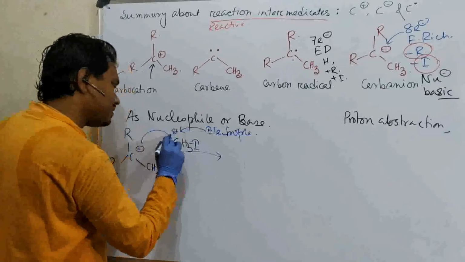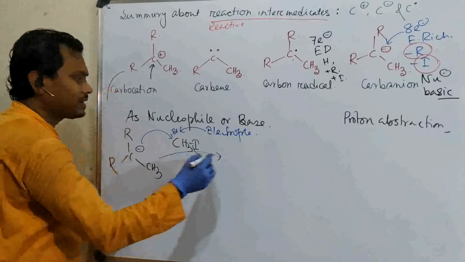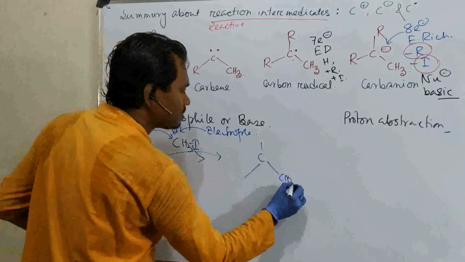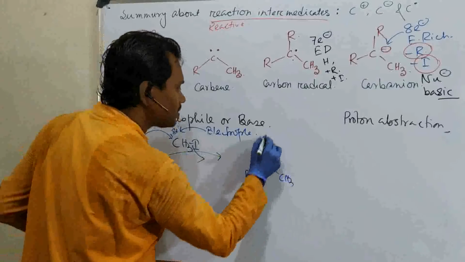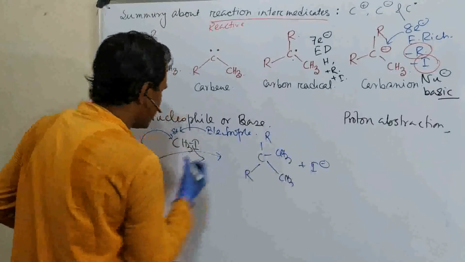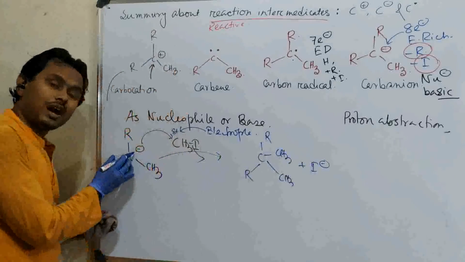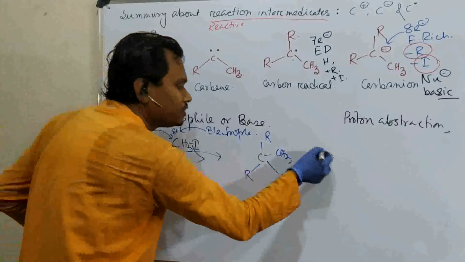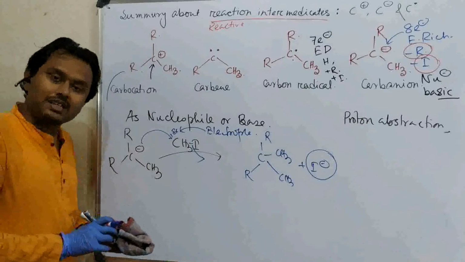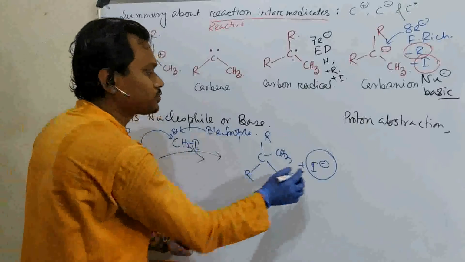What happens? This carbanion attacks here, this iodide leaves. So what is the result? RCH3 plus I minus. Now see, the excess charge that was on carbon is now gone to iodine, which is a more electronegative atom, so it is stable. That is the logic, the driving force for this reaction.